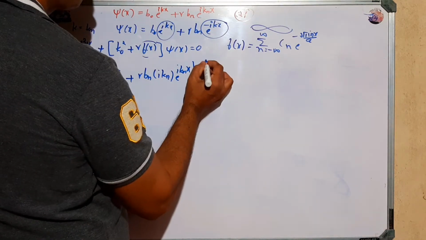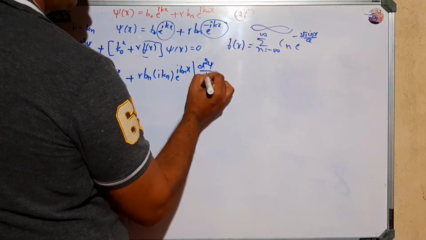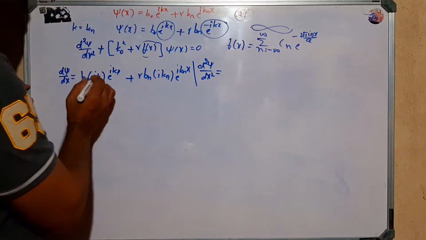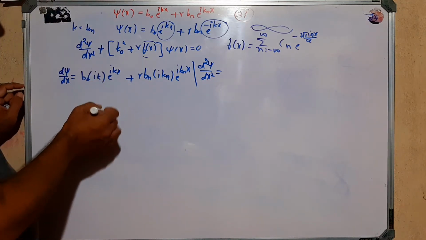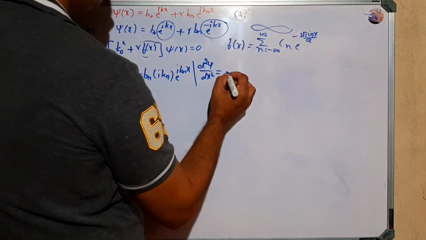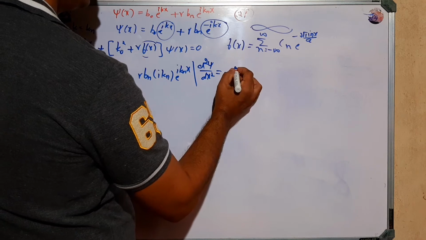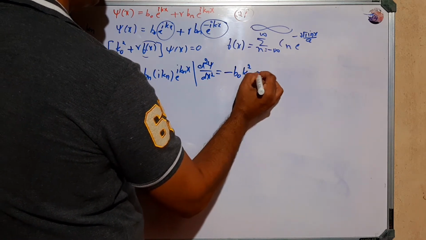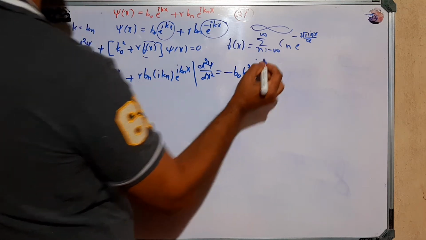That becomes d²ξ/dx², which is equal to b₀ (ik)², and i² is minus 1, therefore minus b₀ k² e^(ikx).